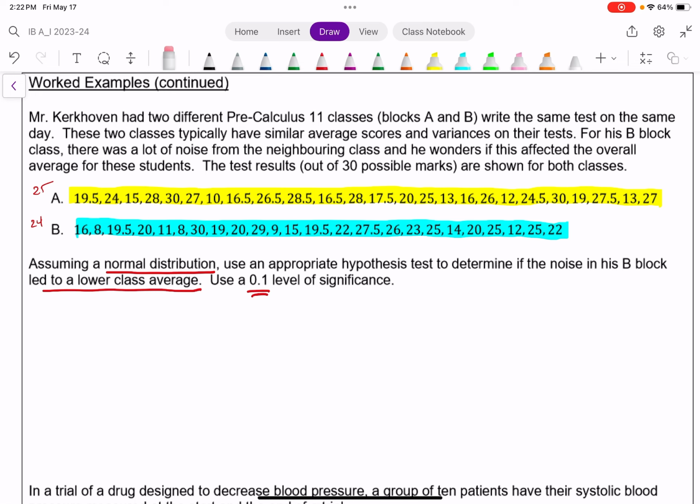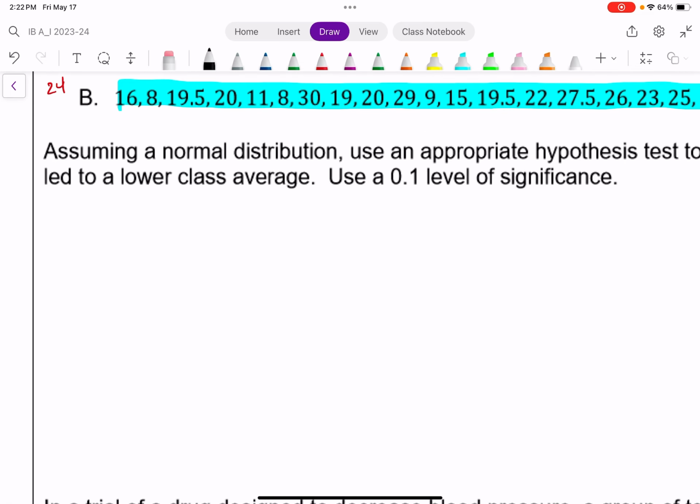So with that said, the first thing I want to do is make my hypothesis, and we start with our null hypothesis. And the null hypothesis is that there is no significant difference between the means.